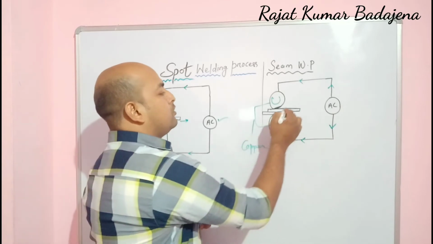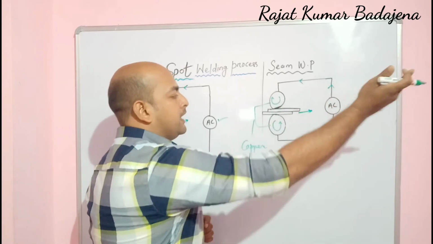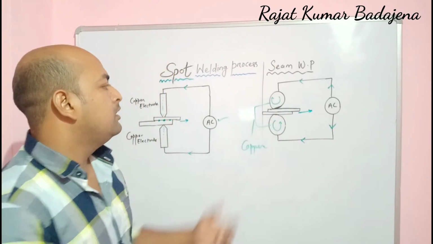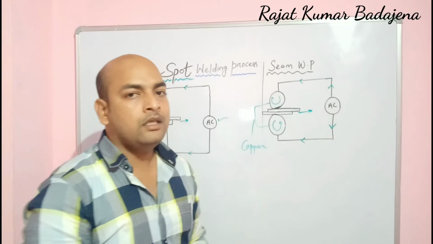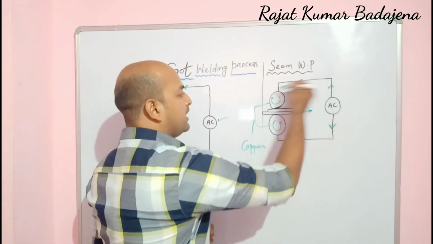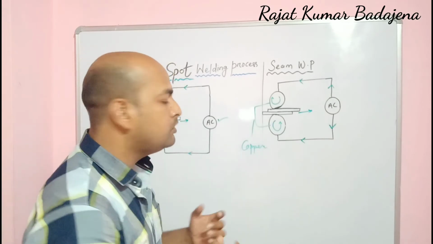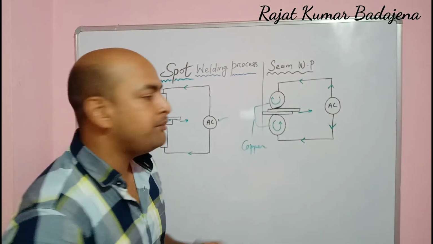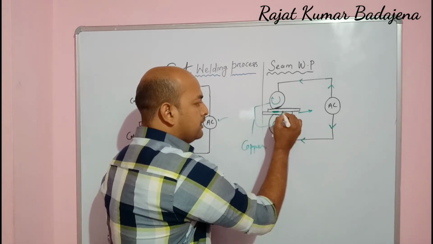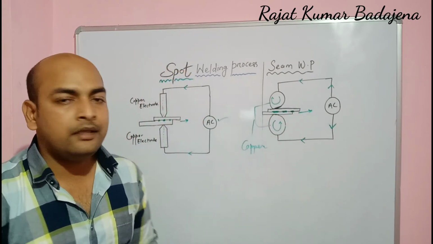The two plates will be fed in this forward direction, and the welding process will occur between the two plates. The resistance will be created while the current is flowing through the two rollers, or we can say the two electrodes. So what do we mean by the seam? Seam means the welding process carries on like that. Okay, so this is known as the seam welding process.